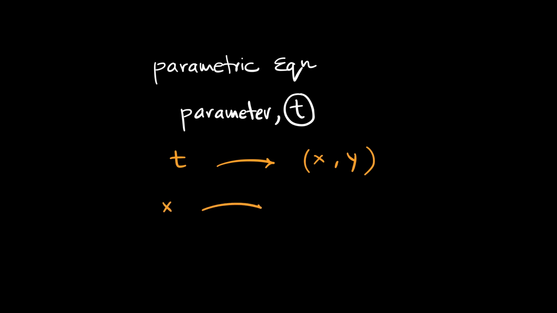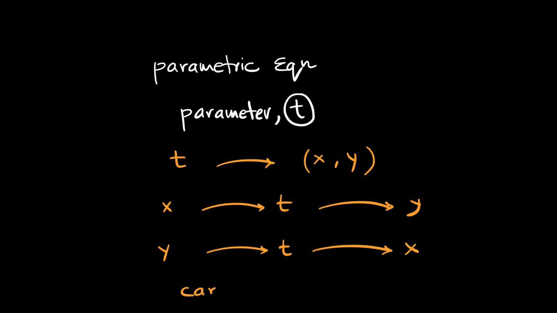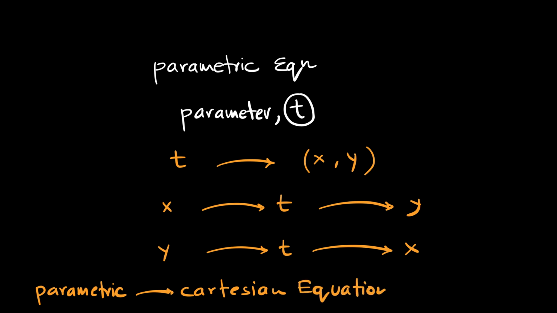Using the x coordinate, we can find t and find the possible value or values of y. Using y, we can find the value or values of t and find the corresponding x coordinate or coordinates. And last but not least, we converted the parametric equation into the Cartesian equation. That is all we have learned in this video.